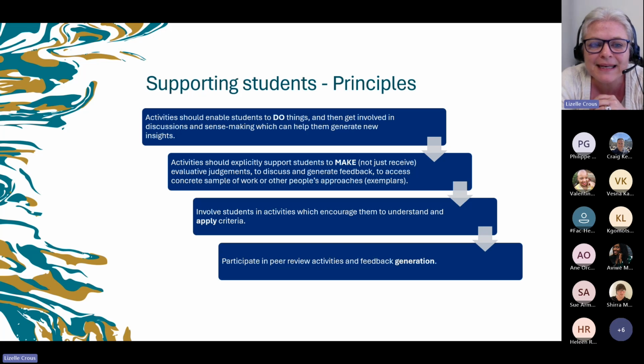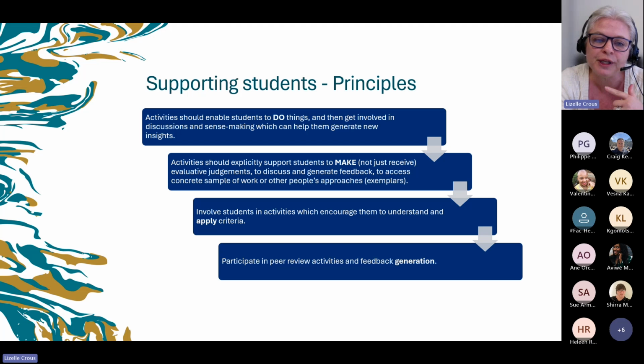Activities should explicitly support students to make evaluative judgments. So give them an opportunity to make a judgment, to say was it good, was it bad, was it indifferent, but also then justify why they considered it good, bad, or indifferent.